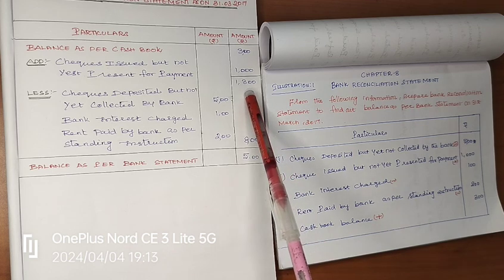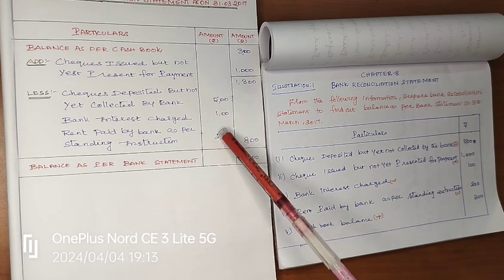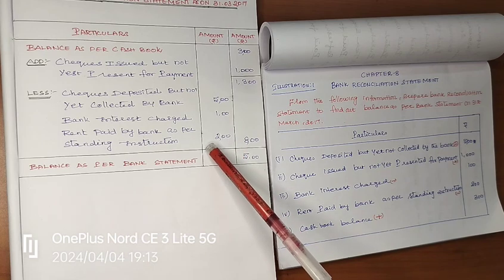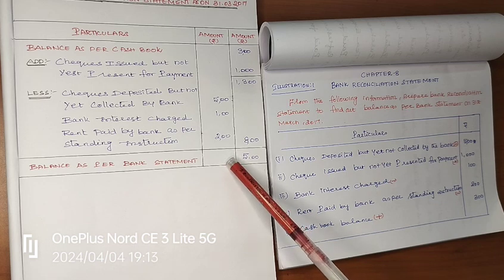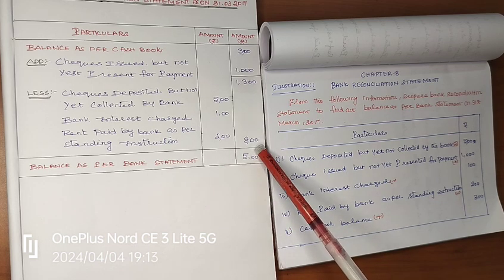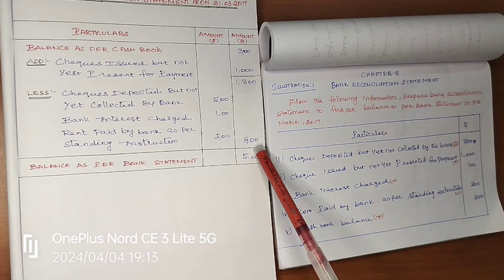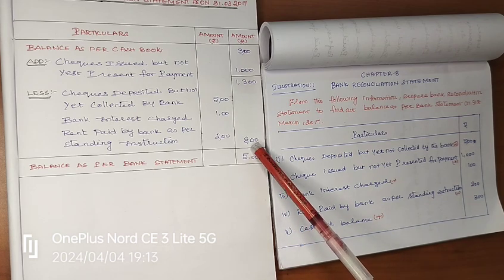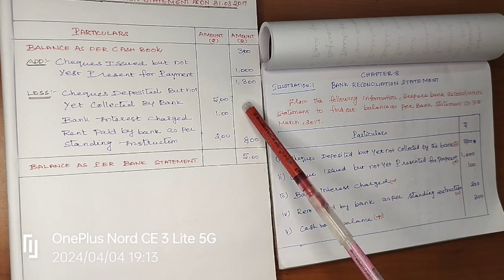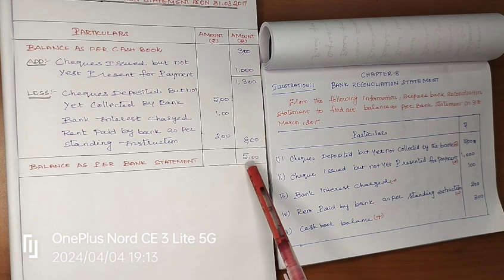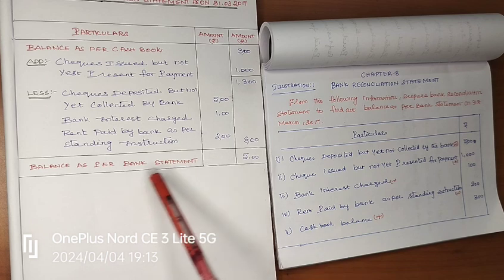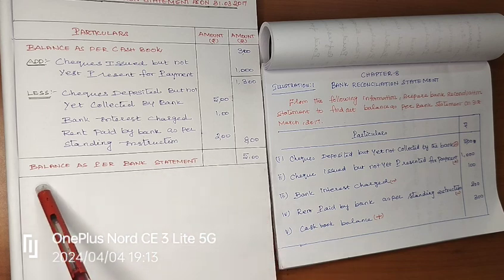And we add the total of the subtraction column: 500 plus 100 plus 200, we get 800 rupees. That 800 rupees we enter into the outer column. Then we subtract 800 from 1300, we get 500 rupees. This is the difference amount. So this is the balancing figure for the balance as per the bank statement.